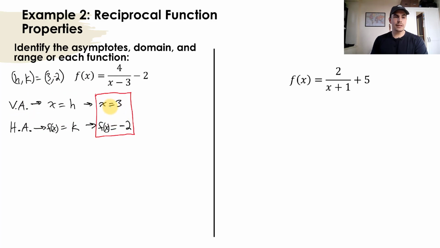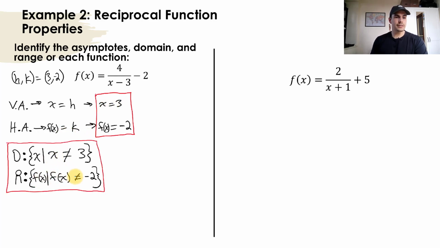Now we can immediately get our domain and range from our vertical and horizontal asymptotes for these reciprocal functions. So our domain is going to be x is not equal to 3. Whatever the vertical asymptote is, just put a not equal sign in there, and that's my domain. And for my range, f of x is not equal to negative 2. Again, whatever my horizontal asymptote is, just put a not equal sign in there, and that is my range.